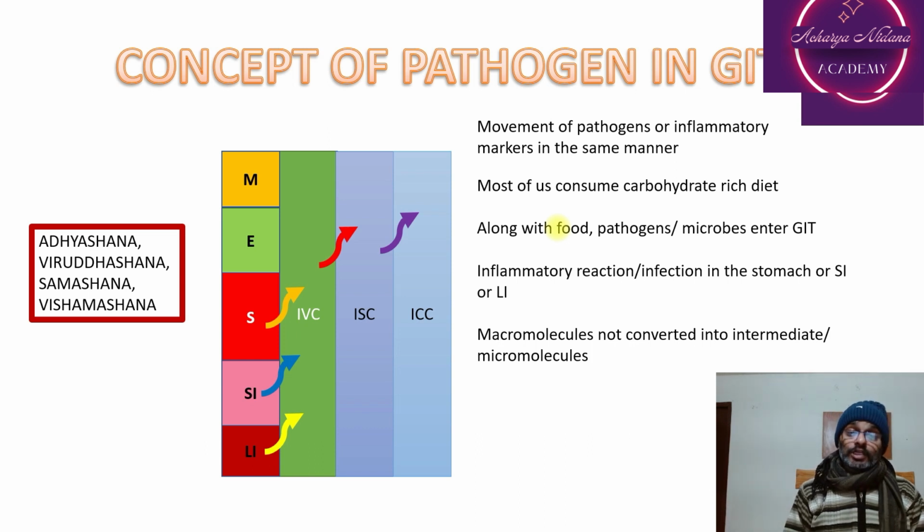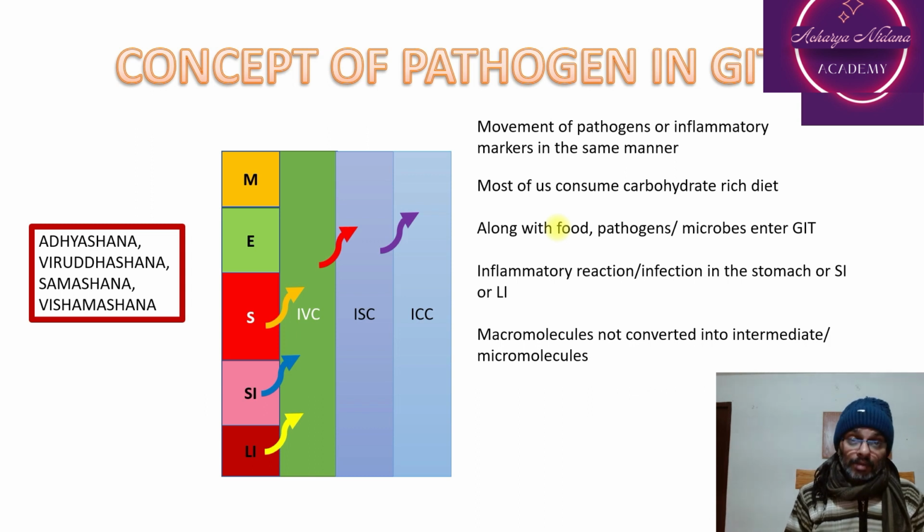And when there is proliferation of infectious organisms, they are usually responsible for inflammation to occur in the stomach. When there is inflammation in the stomach, they are responsible for the production of inflammatory markers, which are nothing but proteins. These are responsible for damage to the gastric mucosa.